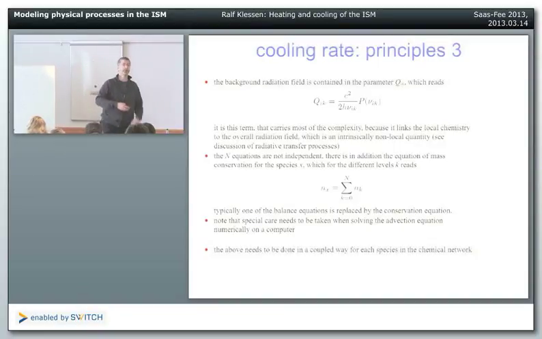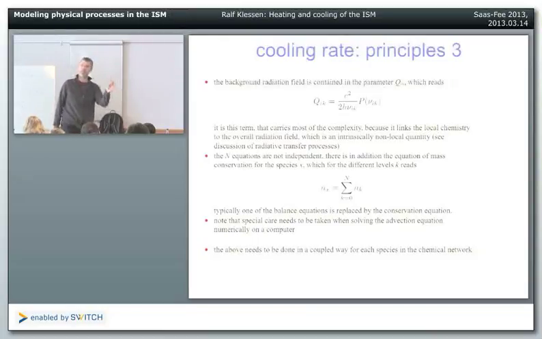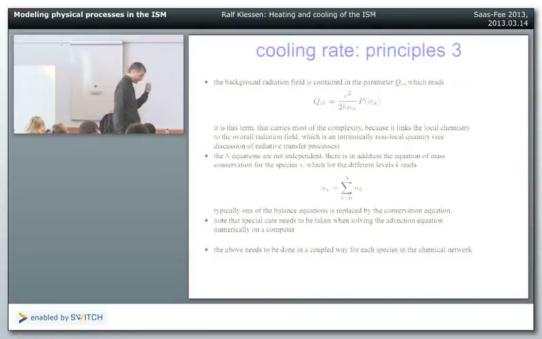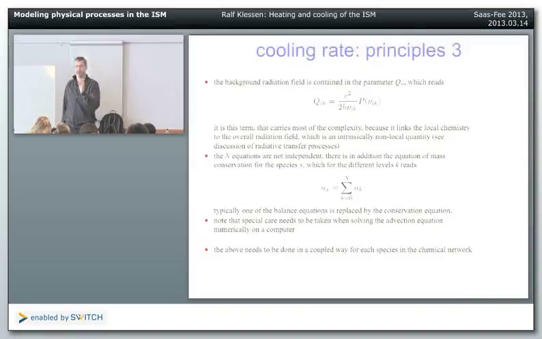Because the radiation field typically needs to be informed by the photons that could come from everywhere, from all the other regions in your computational domain. So chemistry is intrinsically local, but when it is coupled to the radiation field, and it usually is, then it becomes very non-local. And much of the efforts to solve for the chemistry are dealing with making it local again and making local approximations for the radiation field.